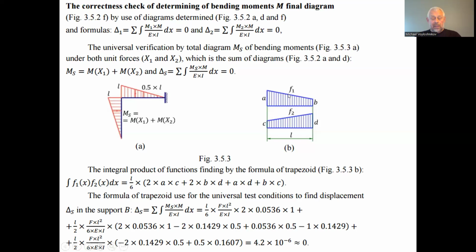For example, here is an example of two linear functions, f1 and f2: how to find the integral in the definite limits of the product f1 by f2.